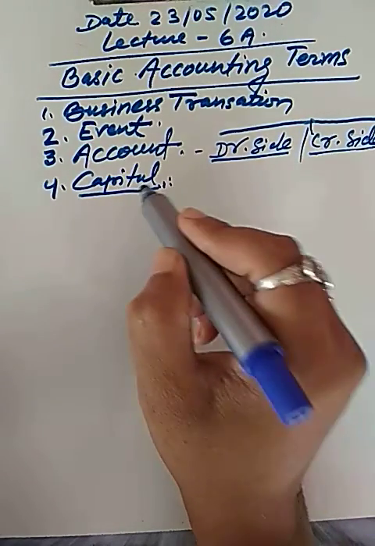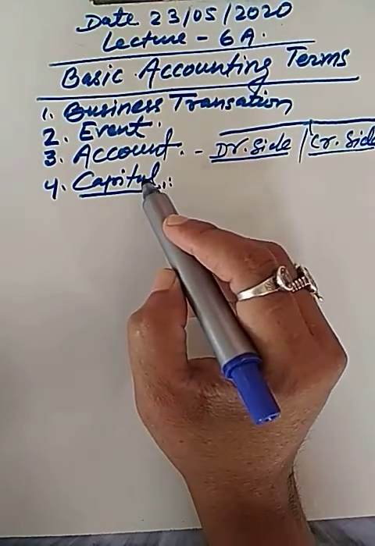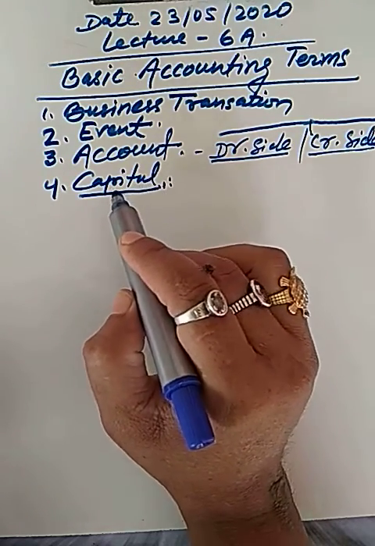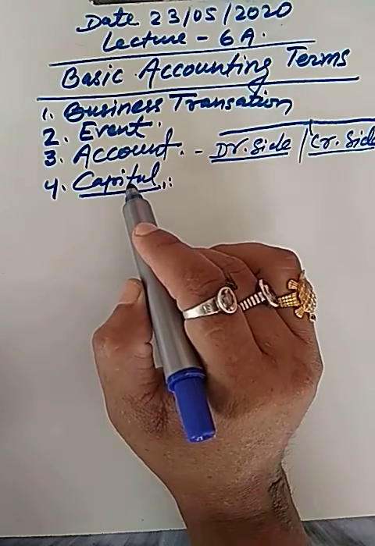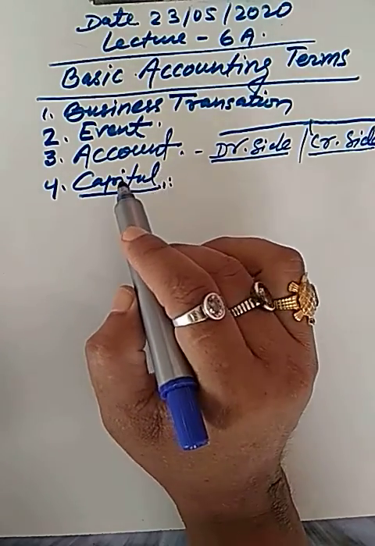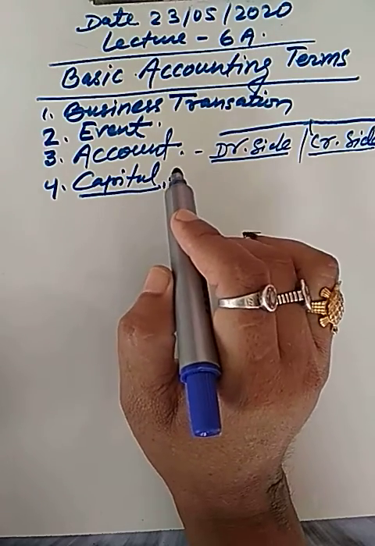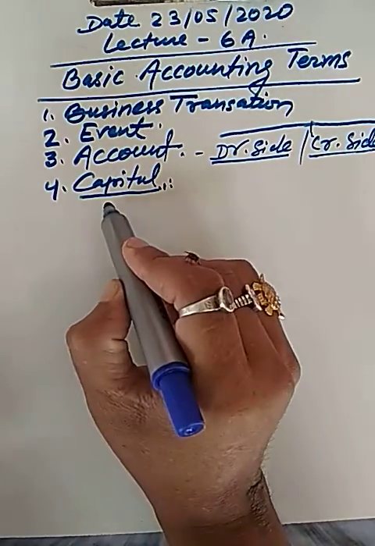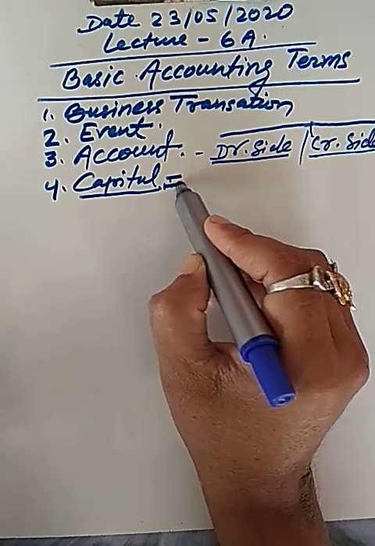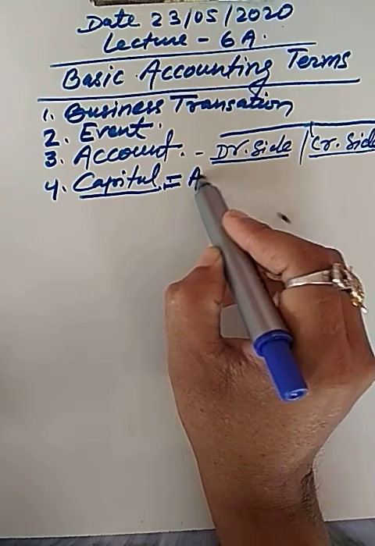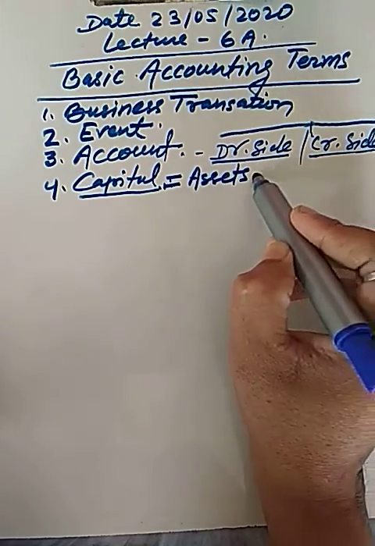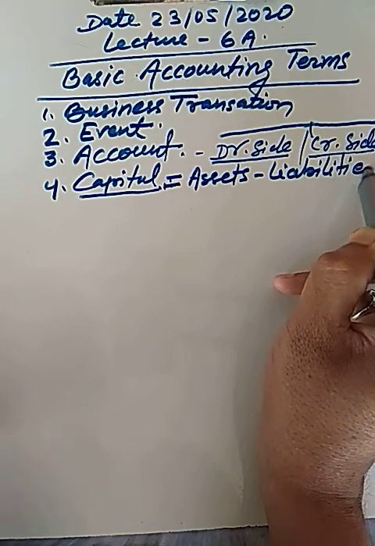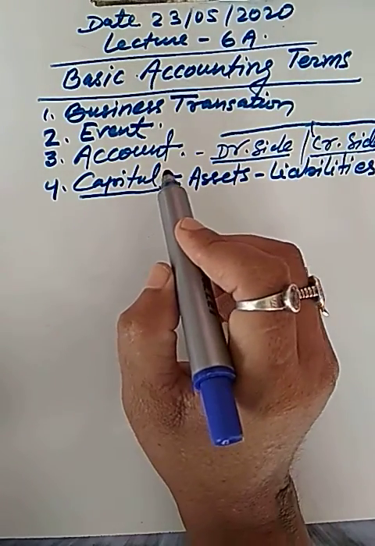In order to calculate the amount of capital, all the assets are added up and liabilities are deducted out of it. So the formula is capital equals assets minus liabilities.